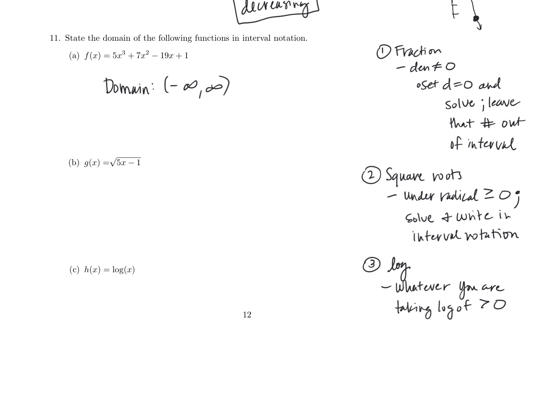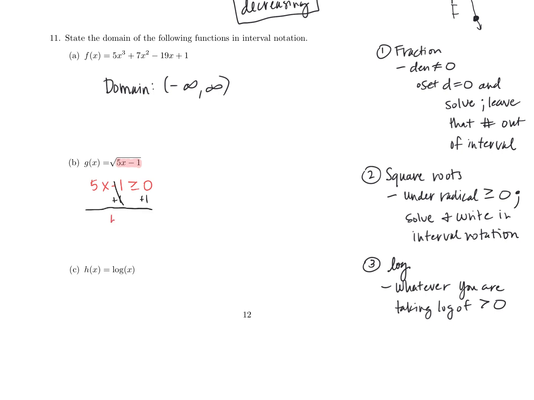All right, part B, we have a square root. That's case 2. Whatever is under the square root, so that's 5x minus 1, you take whatever is under the square root and you set that greater than or equal to 0. And then you solve. So we add 1 to both sides.